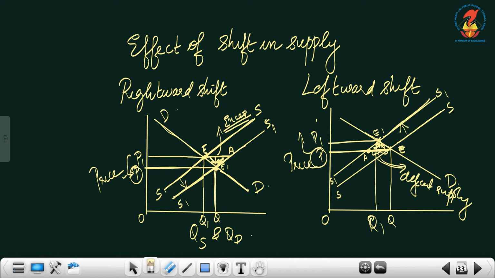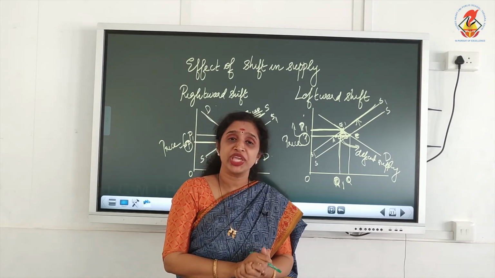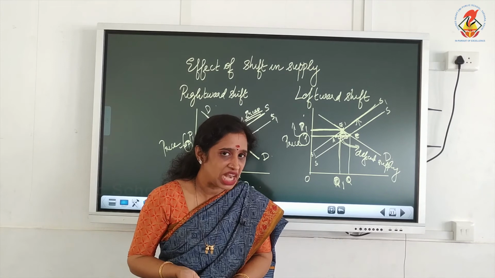And the new price is fixed at P1. From this equilibrium point, you draw a line to the y-axis, P1, which is higher than P. So at the new price, quantity is OQ1, and at the old price, quantity is OQ. This is how we explain the chain of effect when there is a change in demand and supply, either to the rightward or to the leftward.